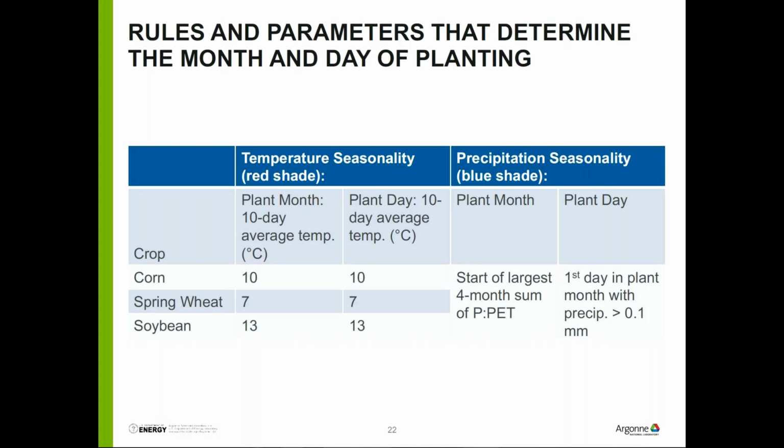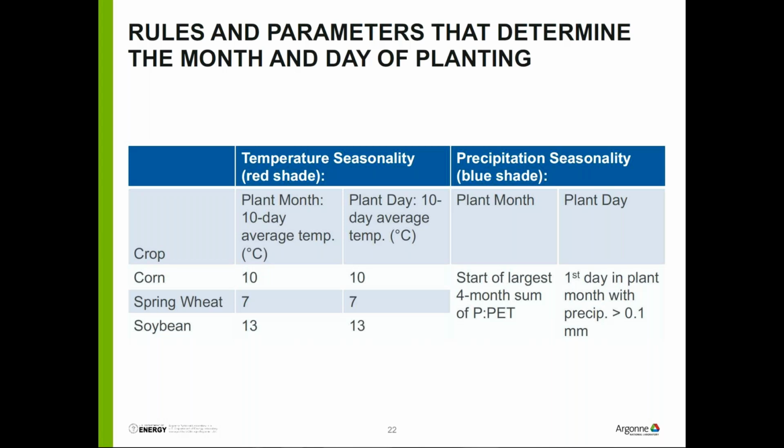It's not a 10-day average temperature, it's just the average temperature is greater than 10 for corn, 7 for spring wheat, or 13 for soybean. And then the actual day of planting will be the day after we have a 10-day average temperature of those same temperatures. There's also a minimum requirement. I didn't put that in here, but that also has to be met as well.